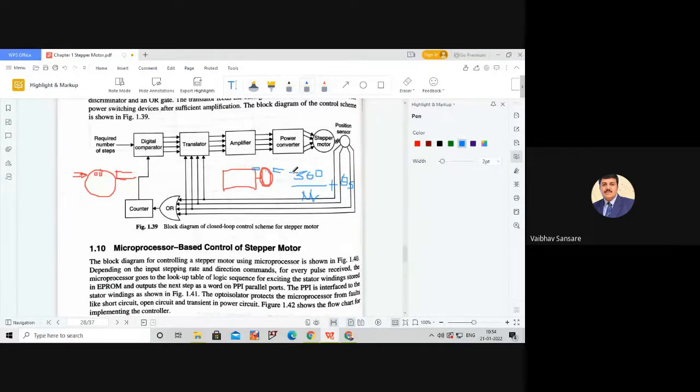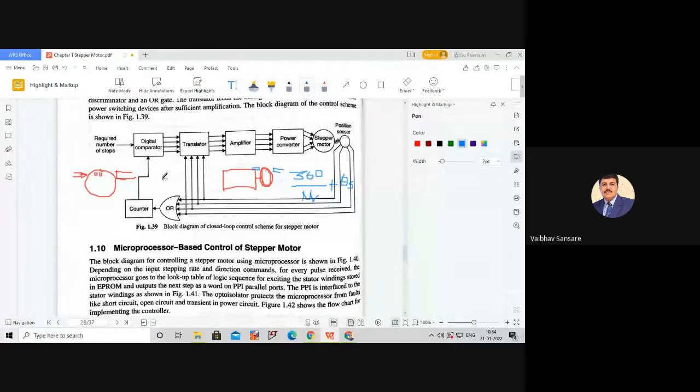Depending upon the direction of rotation and the required step angle, the phases are switched on. Now, a logic translator is used to accomplish this function. Whatever logic sequence is required for excitation of the stator phases is generated by the logic translator.